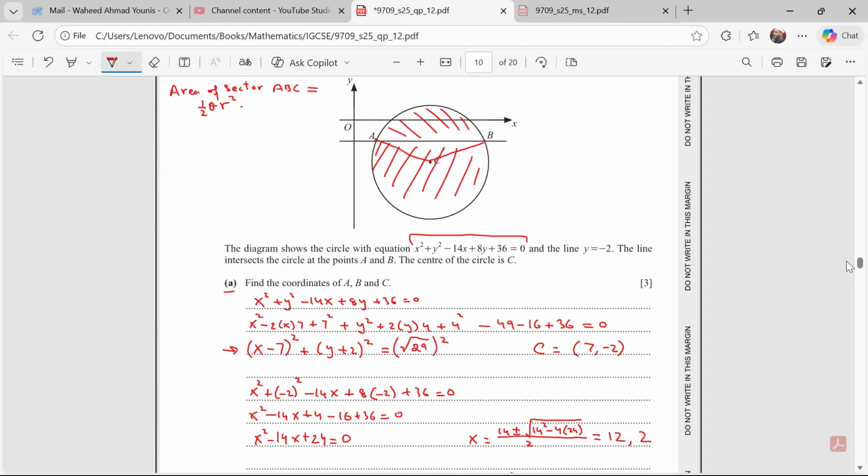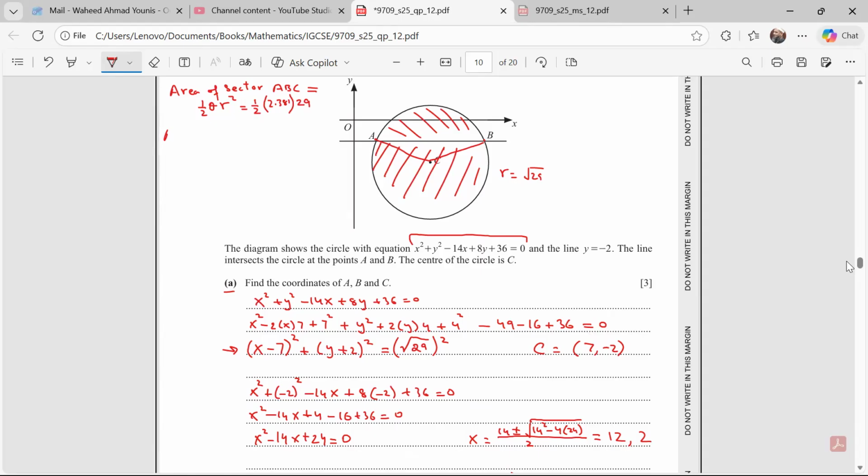So this is going to be half, and theta we just found was 2.381 radians, into r square. R is under root 29, so r square is simply 29. So this will give the area of this whole sector.